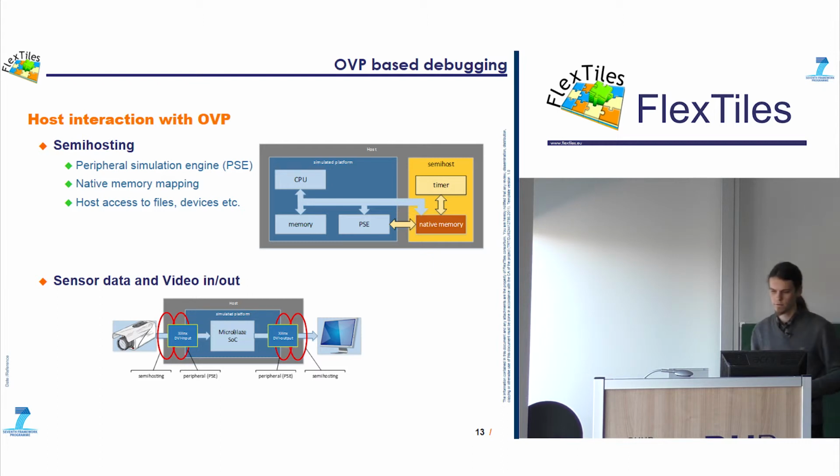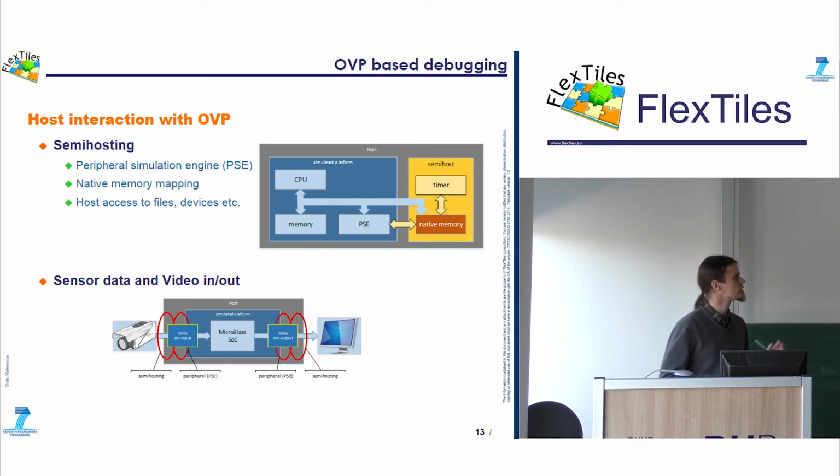And there we have the CPU, memory, and the PSE. PSE is a peripheral simulation engine. So this is how we model our additional devices, our peripherals. And it's still within the simulated environment. But we can access the host as well via semihosting.